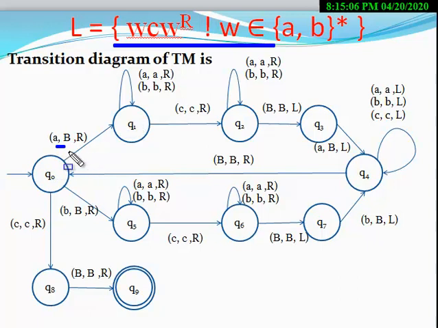If the input symbol B appears, the machine moves in this direction. If the input symbol C appears, the machine moves in this direction. Right? So note that at the state Q0, the first tape symbol or the input symbol may be either A, B or C. Therefore, here we define these three conditions. The first is this, second is this, and third is this.